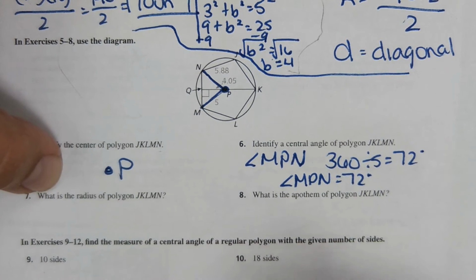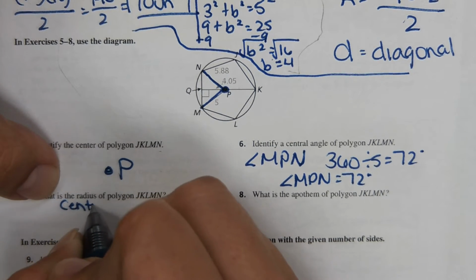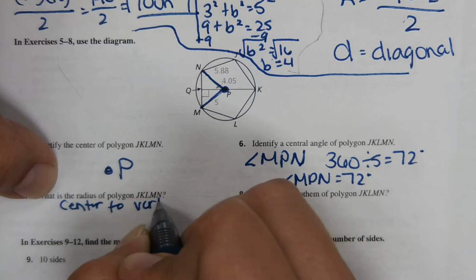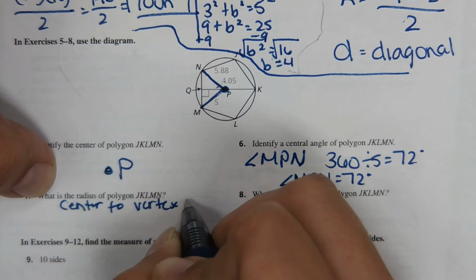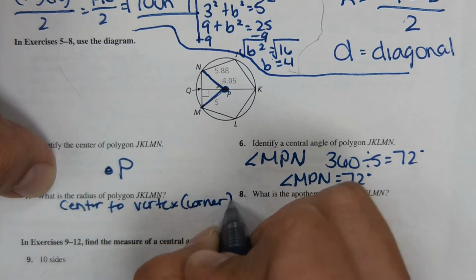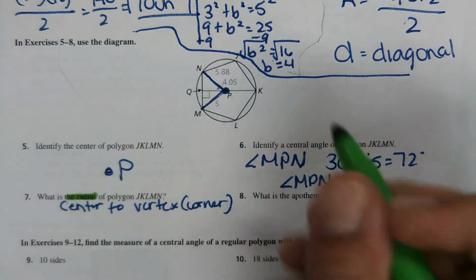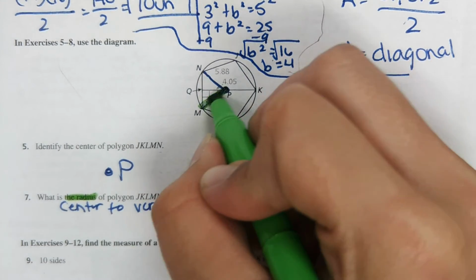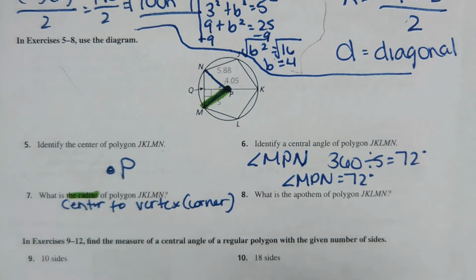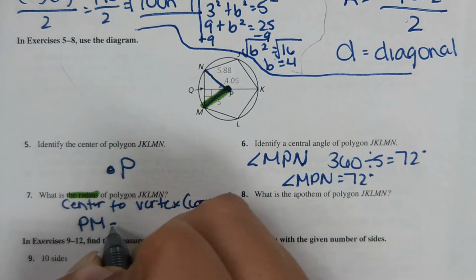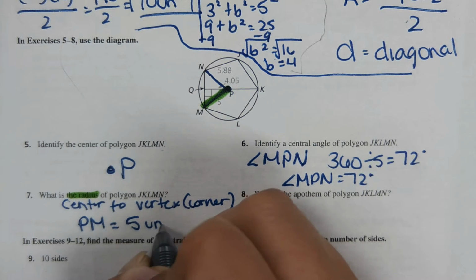So radius is the distance from the center to any vertex. A vertex is the corner. So a radius would be like PM right here. So segment PM, and the length of that is 5 units.